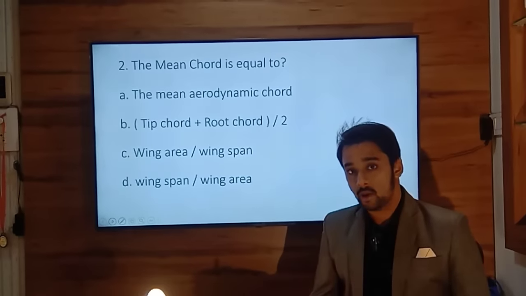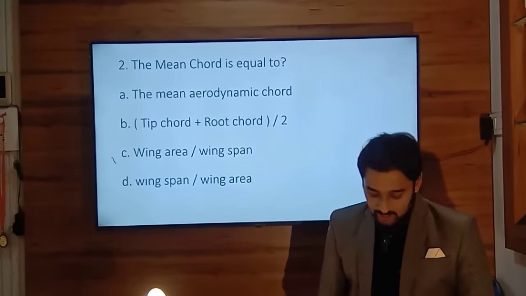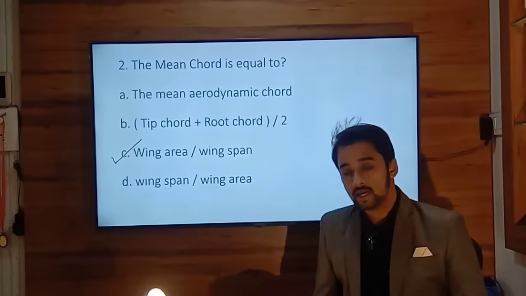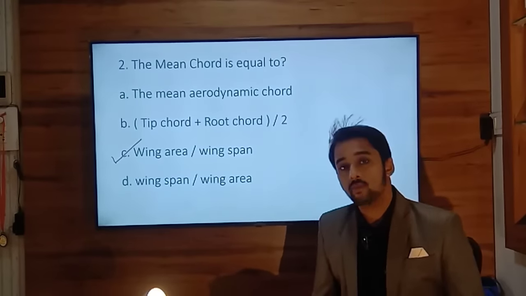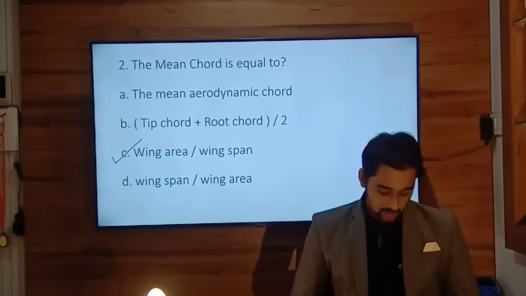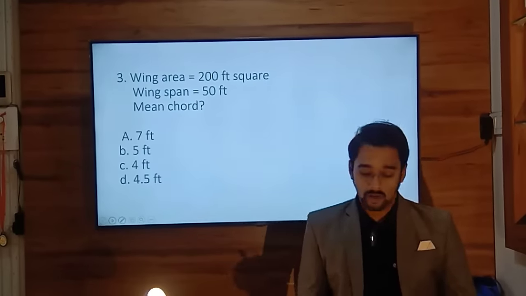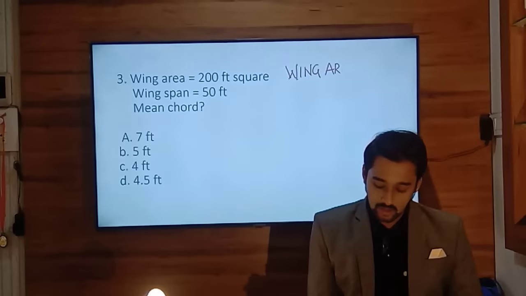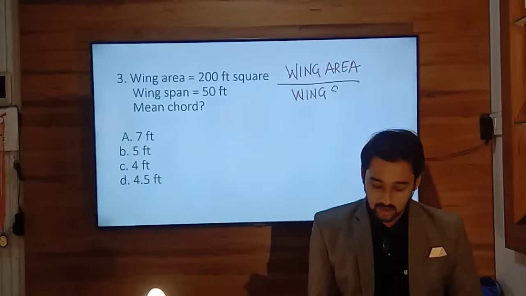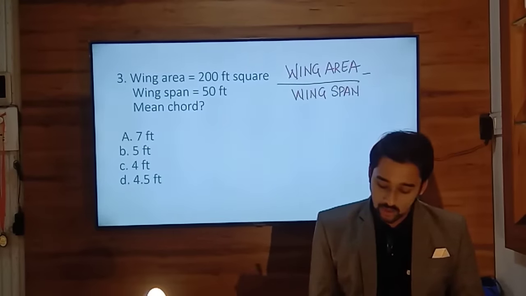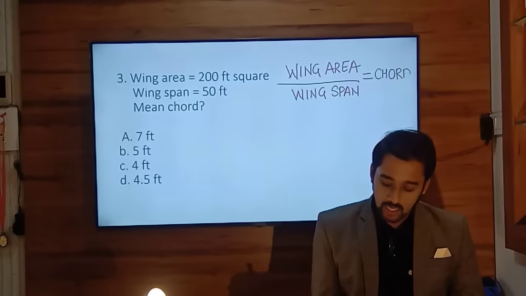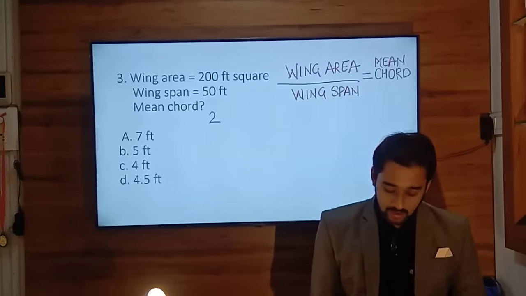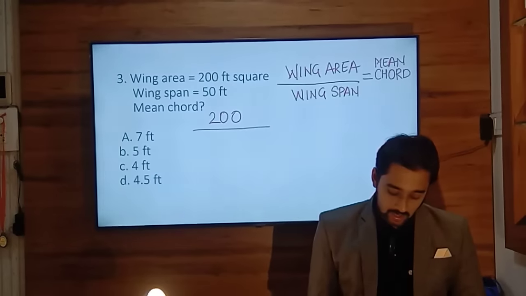The formula for mean chord is wing area divided by wingspan. Mean chord equals wing area divided by wingspan. Now let's look at the numerical. Wing area is 200 feet per square, wingspan is 50.